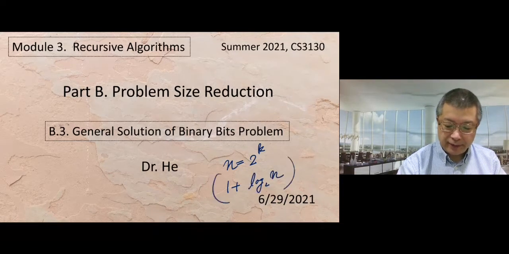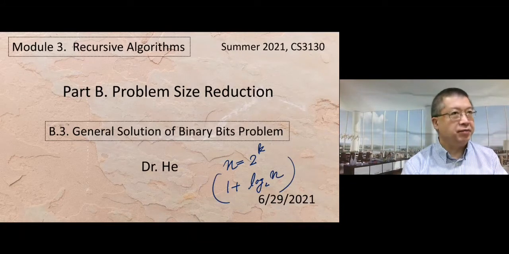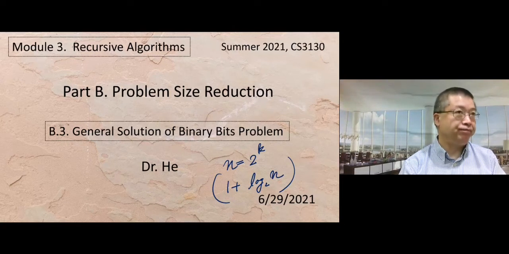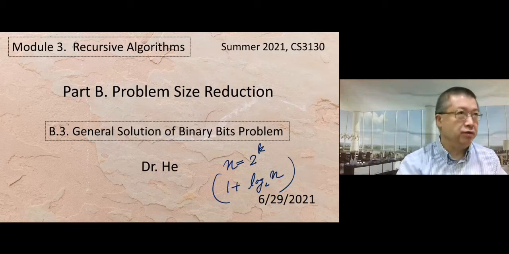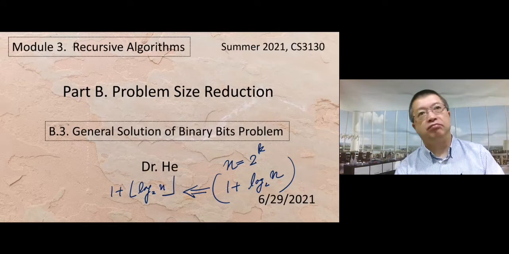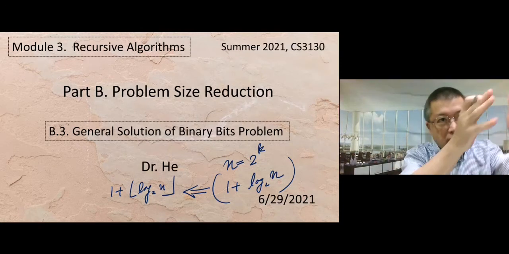Now, when we go to the general case, we're not satisfied with the special case. We want to have a general solution. Then we guess the general solution should be, we use the floor function to make the log expression an integer.